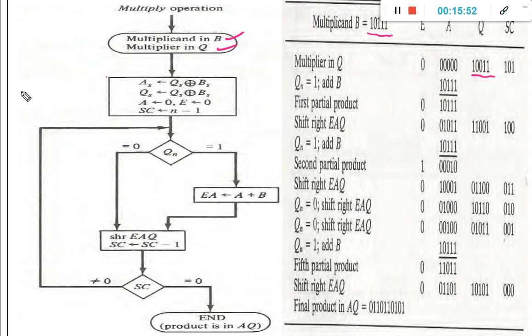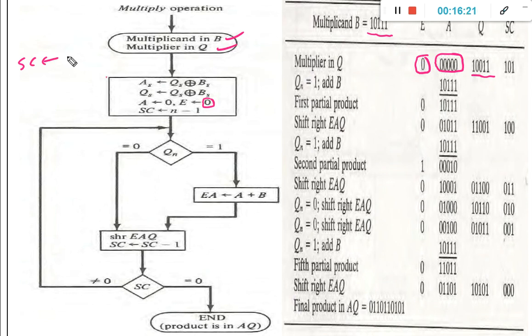A is the intermediate product register, so A will initially be moved to all zeros, and the expansion bit E is moved to 0, and the sequence counter is set to n minus 1.